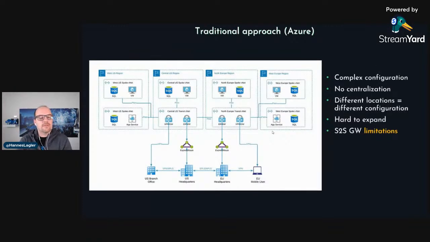So in this case, we have a traditional approach. We have our VPN gateways in two regions: one region North Europe, one region Central US. We have a VPN gateway, for example, for the US branch office.